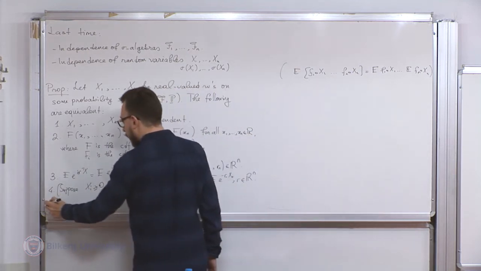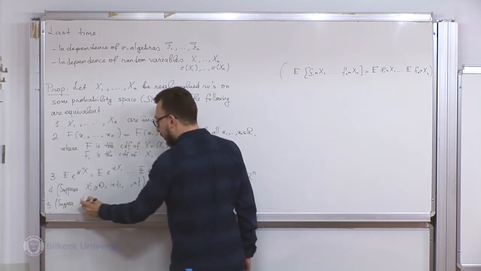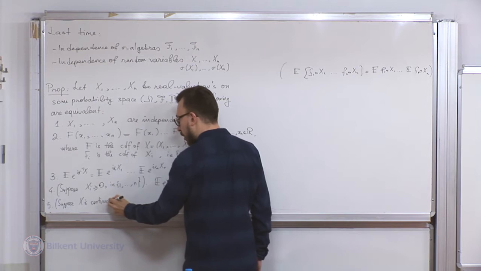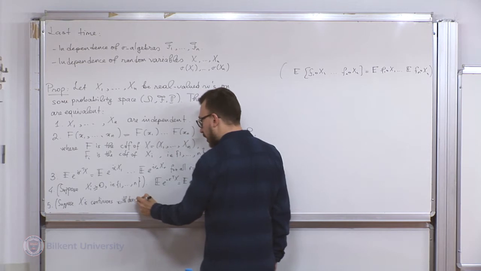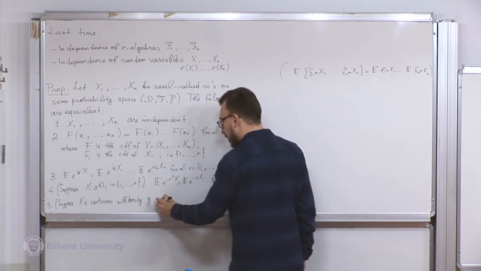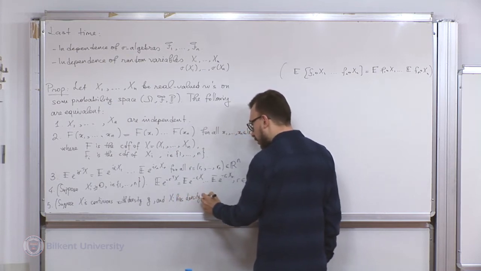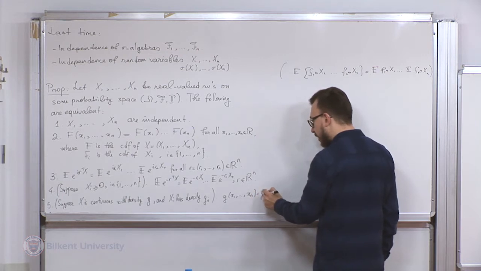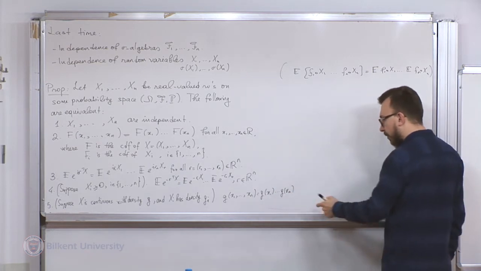And finally, suppose X is continuous with density G and Xi has density Gi, then we have G of x1 to xn, the joint probability density function, is the product of the marginal probability density functions.